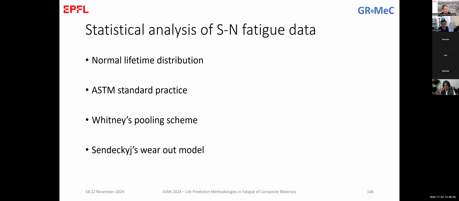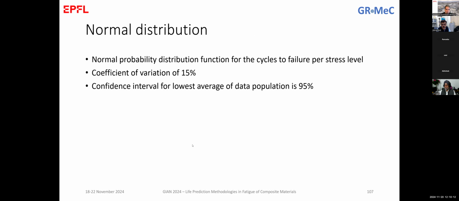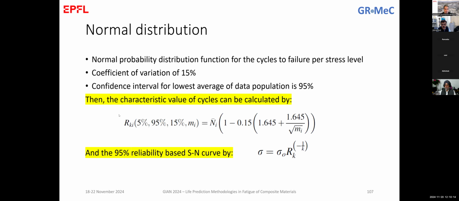In the papers, they mentioned statistical analysis methods for filamentary composite materials, so composite materials with fibers in the loading direction. So there I will start and go briefly through both methods.